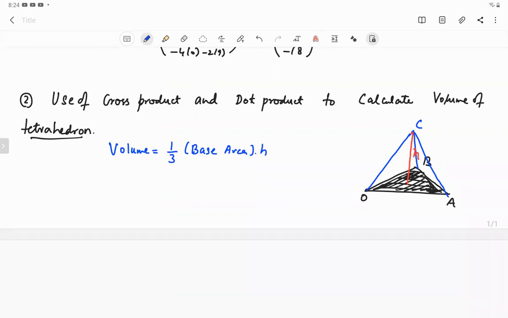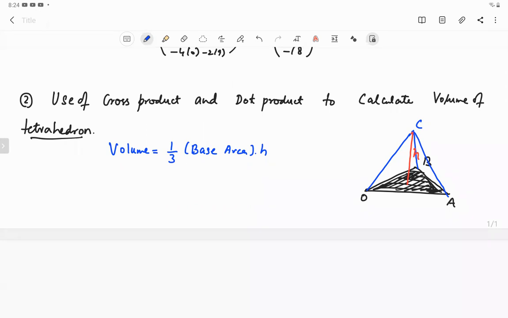So how will we do it? Well, this is a very interesting point. How will we do it? Base area into height. How will we convert this simplified formula of O-level into a system of cross and dot product? Yes. How will we convert this formula into dot and cross product? Okay.